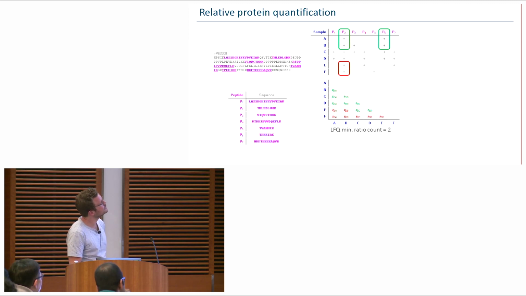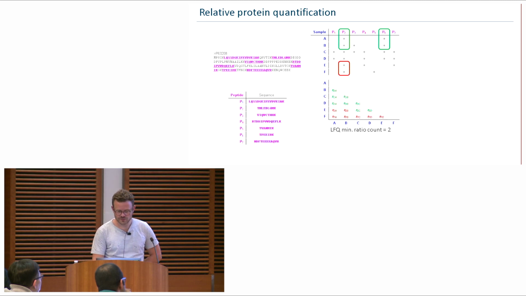So if you want to calculate the ratio between E and F, for example, there's only one peptide which was in both samples, and therefore the ratio is not calculated. Okay, so now we have ratios for our protein between the samples.